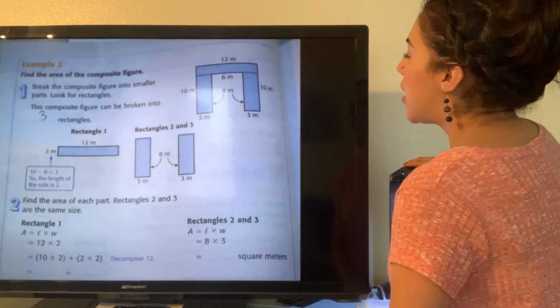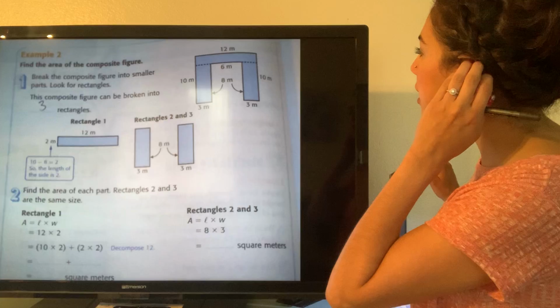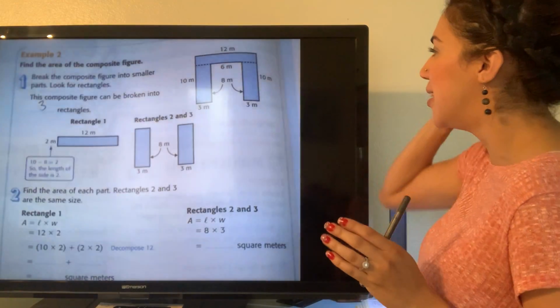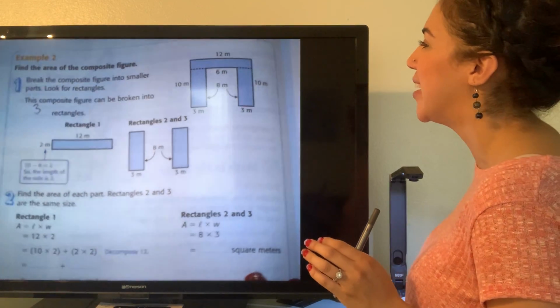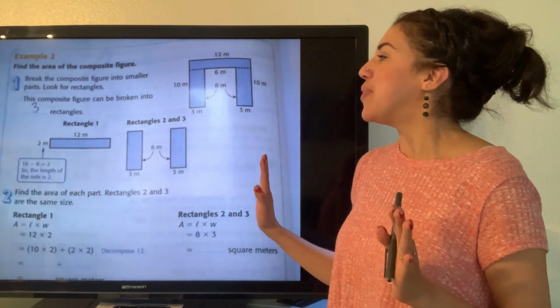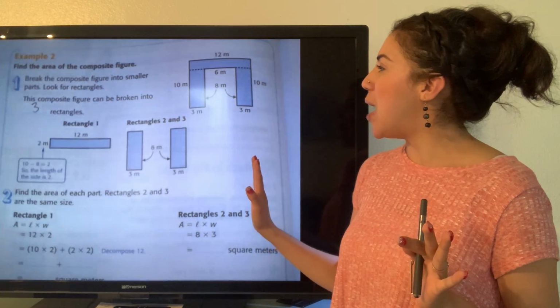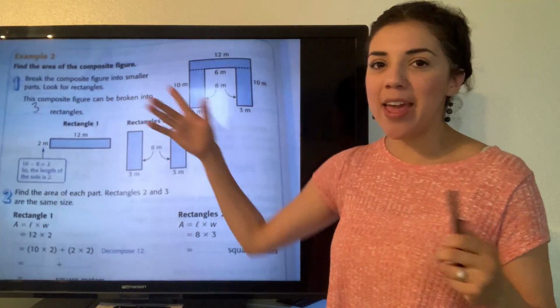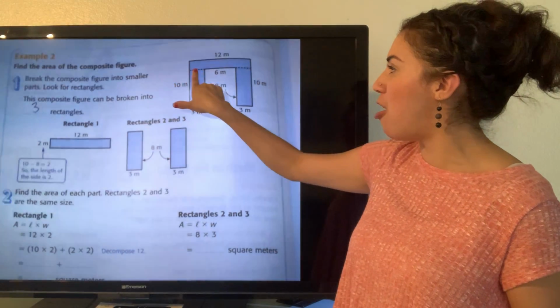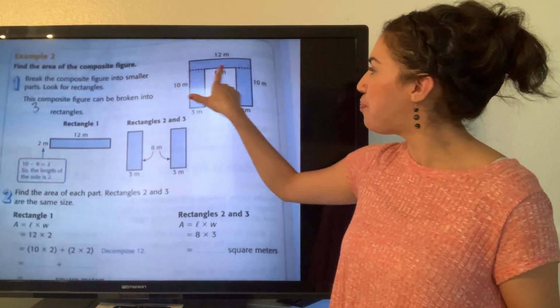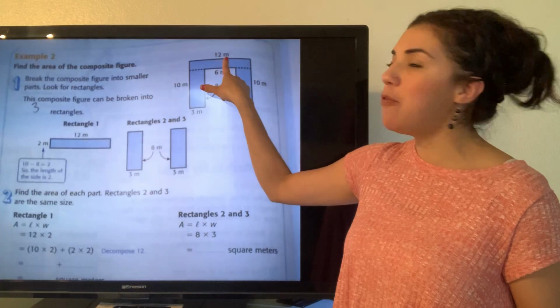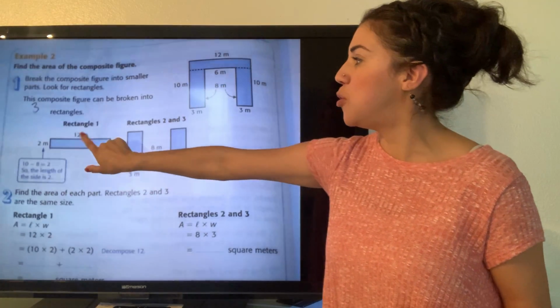Now here is where it gets a little tricky. And I'll tell you why. Okay. So rectangle 1, they labeled rectangle 1 as this long one at the top. Okay. And it is 12 meters on top. We know that. 12 meters on top.